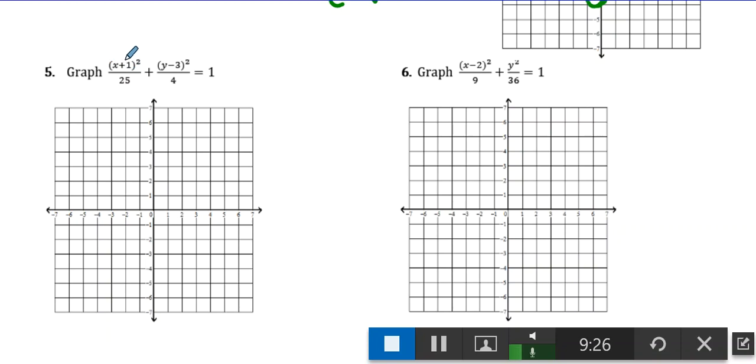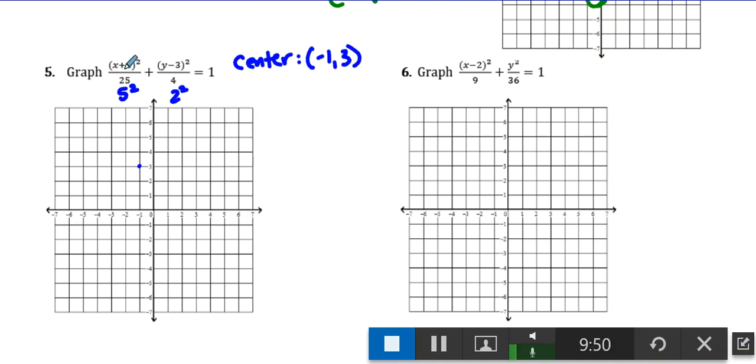Okay, looks like my center is going to be at -1, 3. And my a squared is 25, so a is 5, and my b squared is 4, so b is 2. So find your center at -1, 3.